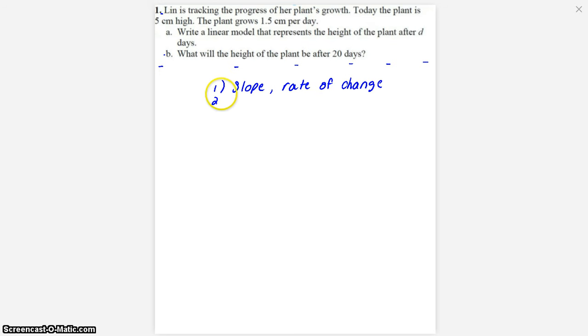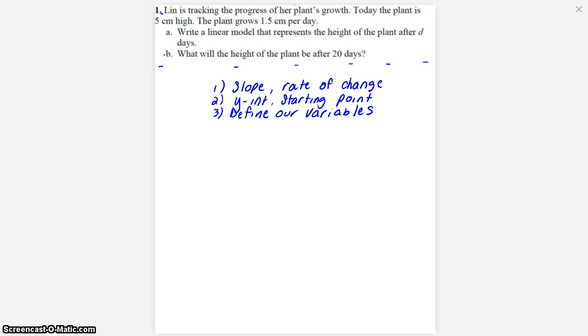We need to find our y-intercept or our starting point. And we need to define our variables. I wait to do that last after I figure the rest out, because once I have my slope, I'll be able to figure out which is my independent variable. Define our variables.